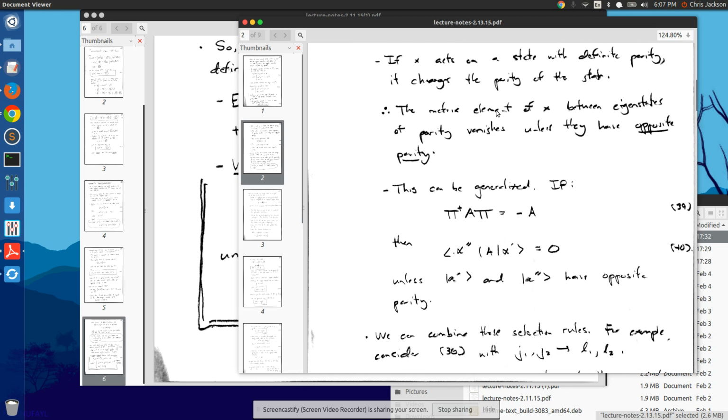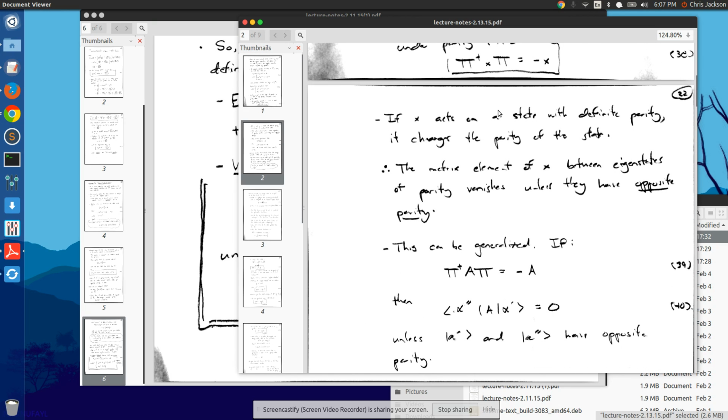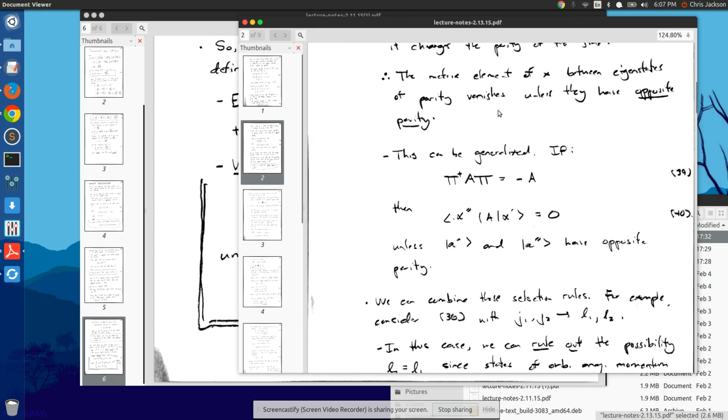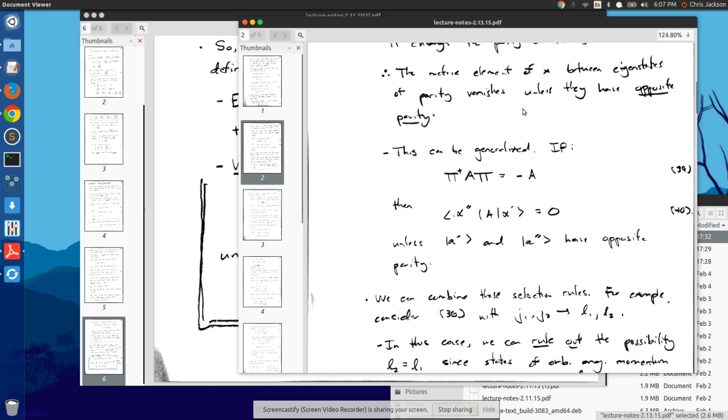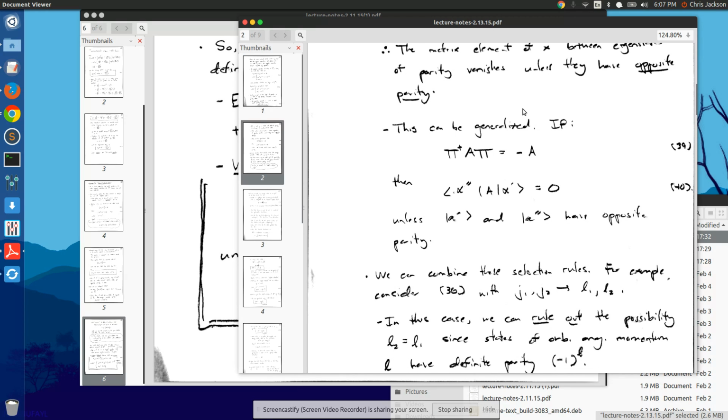And since we only have parity even or parity odd, it's telling us that the matrix element of x between eigenstates of parity is going to vanish unless those two states have opposite parity. Hopefully that makes sense. And we can generalize this not only to x, but to any operator that's odd.